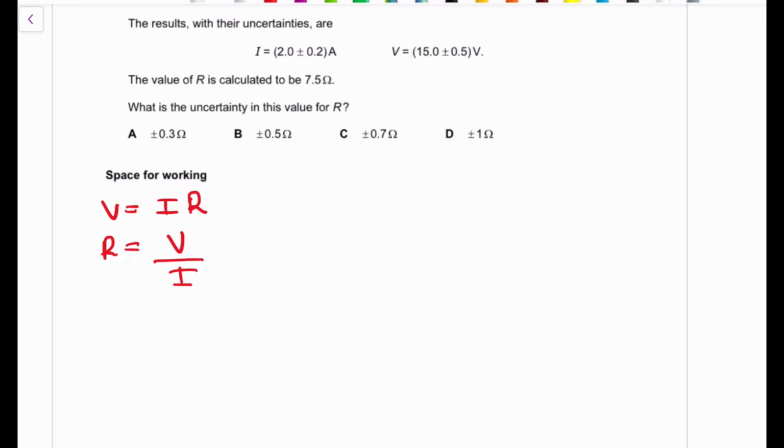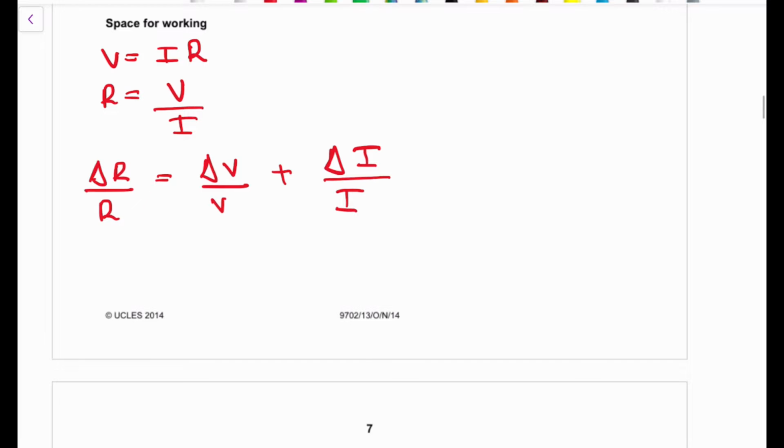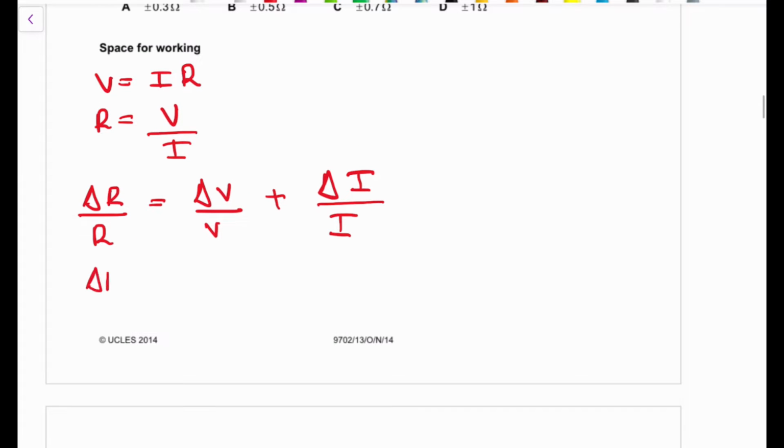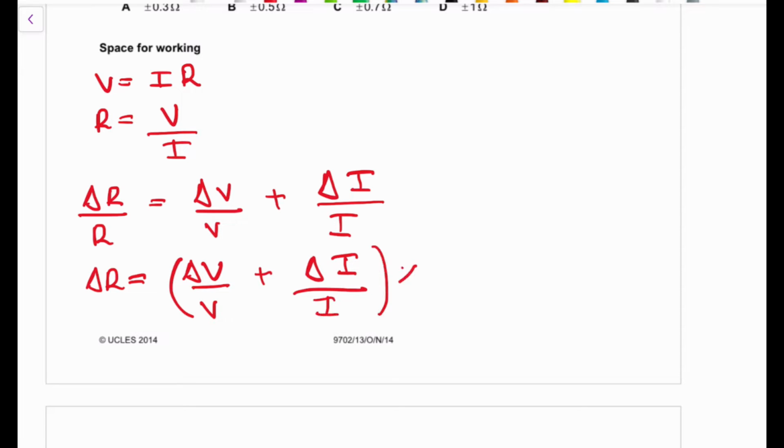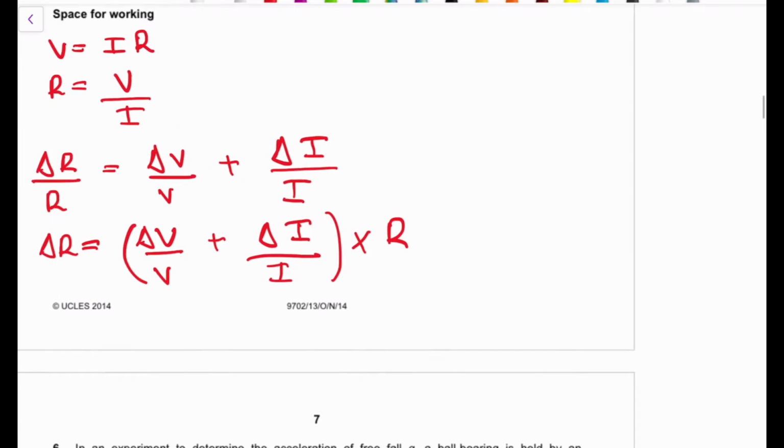But whenever we talk of uncertainties, we know that the uncertainty in R divided by R will be equal to the uncertainty in V divided by V plus the uncertainty in I divided by I. Now what this tells me is that the uncertainty in R will be equal to the uncertainty in V divided by V plus the uncertainty in I divided by I, multiplied by R. Very important relationship.